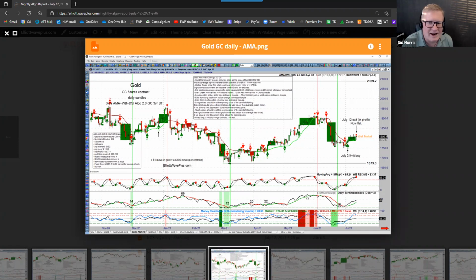And so my algo just doesn't work well there, and it doesn't work well on everything. It does work well on most of the items that I include as part of our service, and that really includes a pretty wide swath of popular traded commodities, currencies, bonds, and of course stocks.